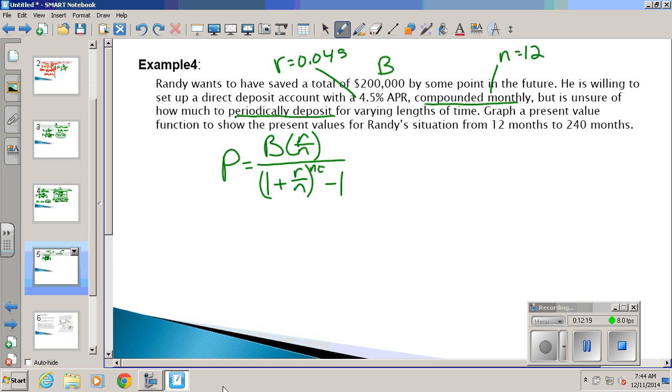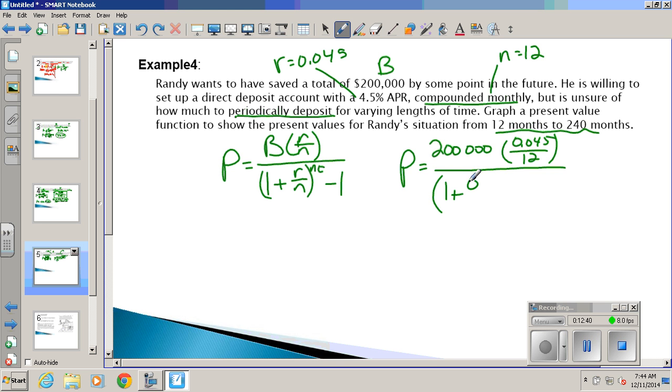Now I am going to substitute in what I have. The only thing that's missing right here is the time, and because it's talking about a variation of time, I'm going to actually use a variable to see where it would stand at certain time frames.